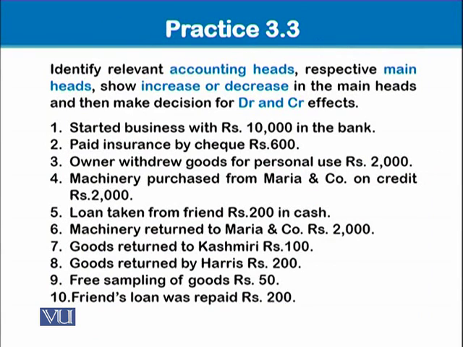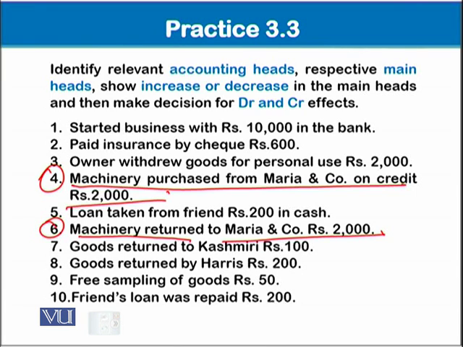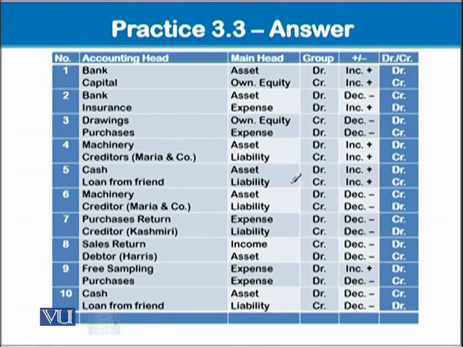Okay. Next comes machinery returned to Maria and Company. The machine that we purchased in this transaction number 4, we are returning it to Maria and Company now. So what will happen? Let's see. Again, the accounting heads are same.